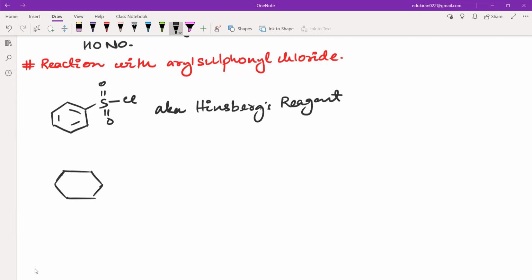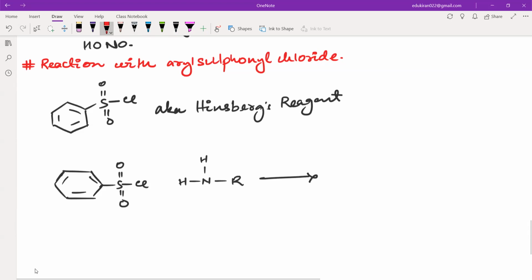Okay. Now the reaction is going to be, I will say, slightly simple. You have benzene sulfonyl chloride, and you're going to react this with 1 degree amine. When you have 1 degree amine, there are 2 hydrogens attached to nitrogen, and there is a R group here. So when you react these two things, you will be eliminating HCl, that is chlorine from the Hinsberg reagent, aryl sulfonyl chloride, and hydrogen from the amine group, and you will be forming a benzene ring which has a single bond with sulfur.